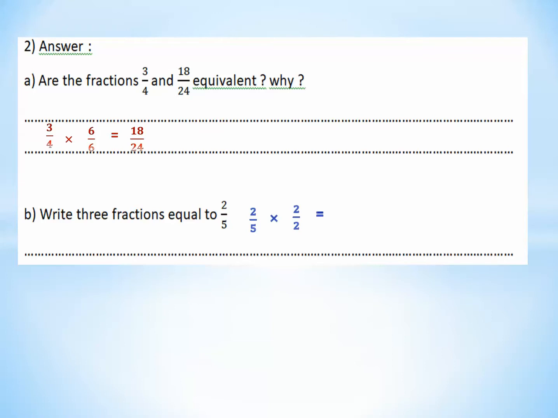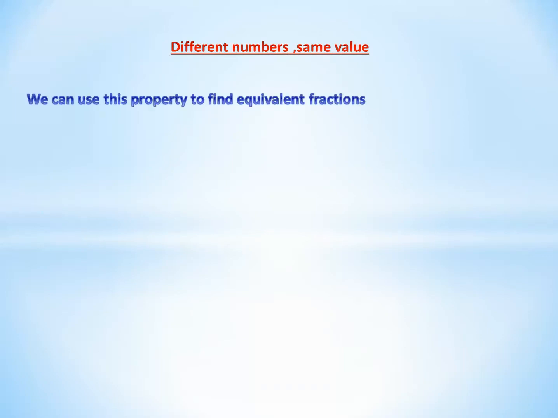Numerator times numerator: 2 times 2 is 4, and 5 times 2 is 10. 2 over 5 times 3 over 3 will be 6 over 15. 2 over 5 times 4 over 4 will be 8 over 20. Different numbers, same thing.